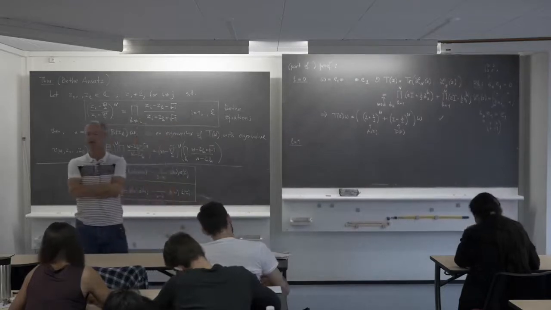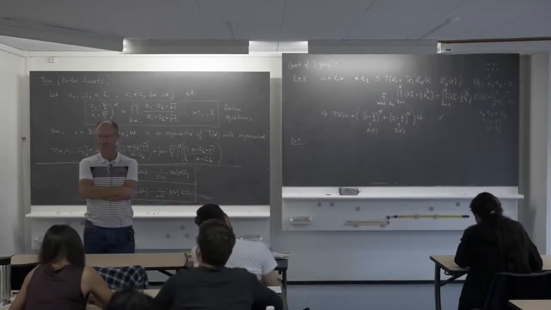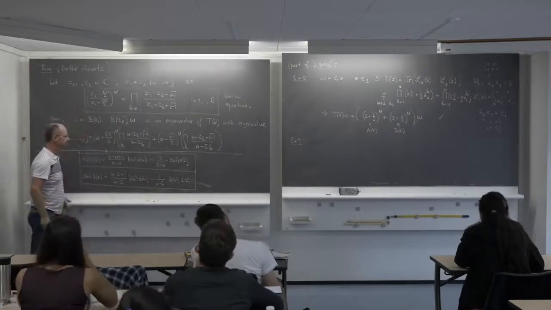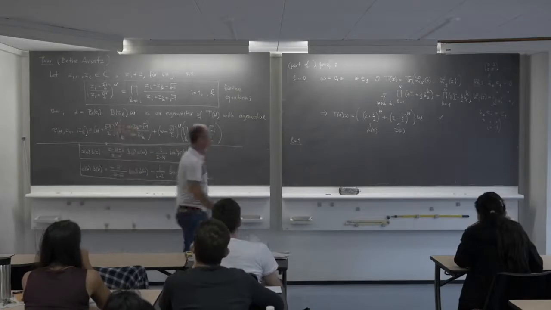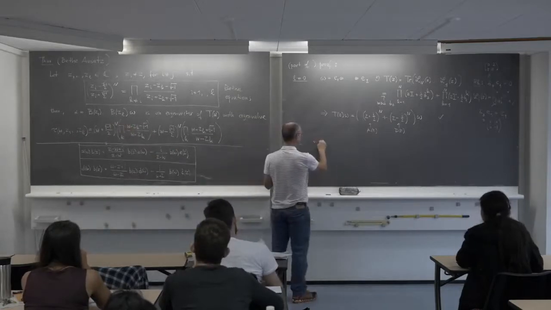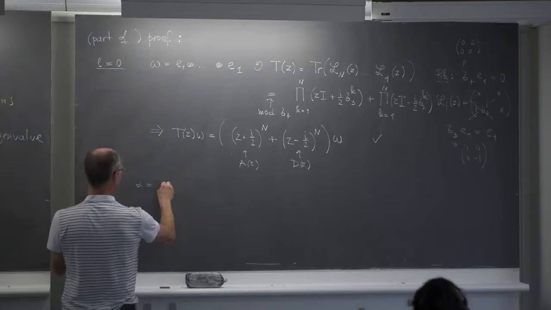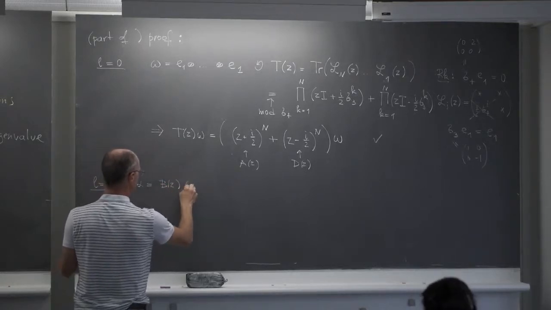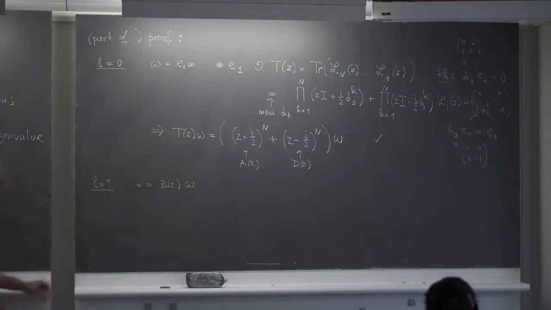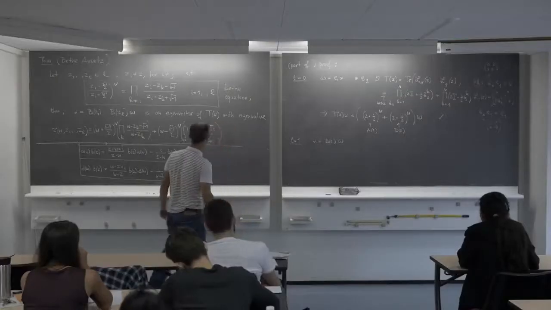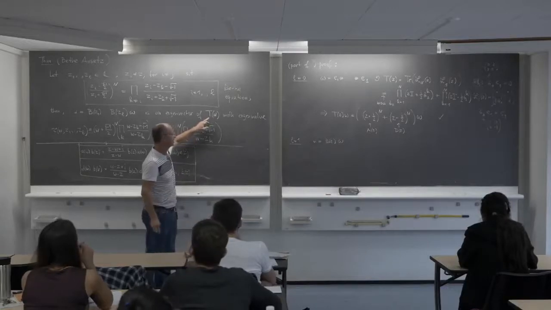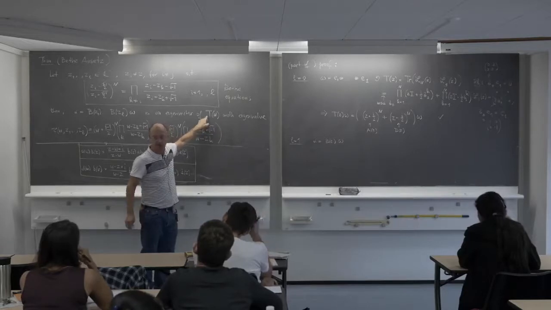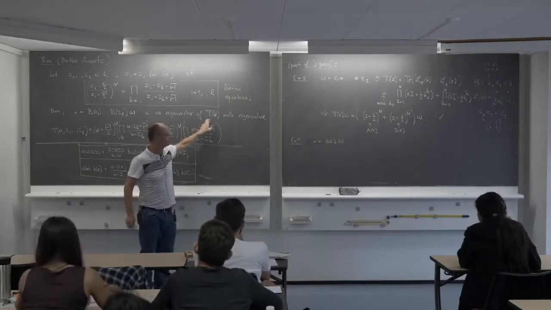So we'll finish by proving the L equal to 1 case. For that, let me consider a vector alpha equal to B of z times omega. And I would like to check when this is a common eigenvector of T of w for all w's.